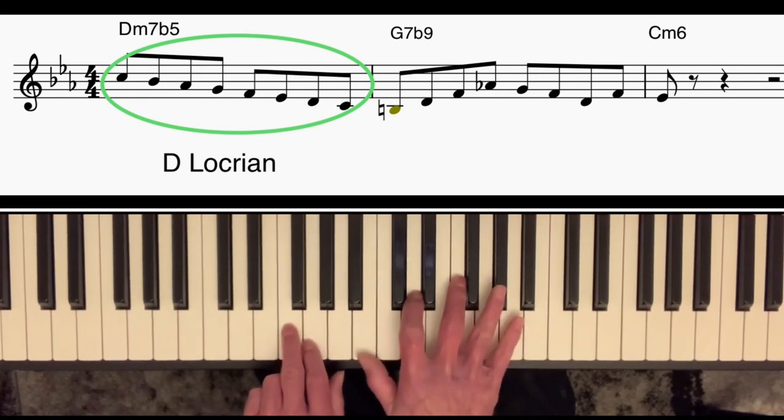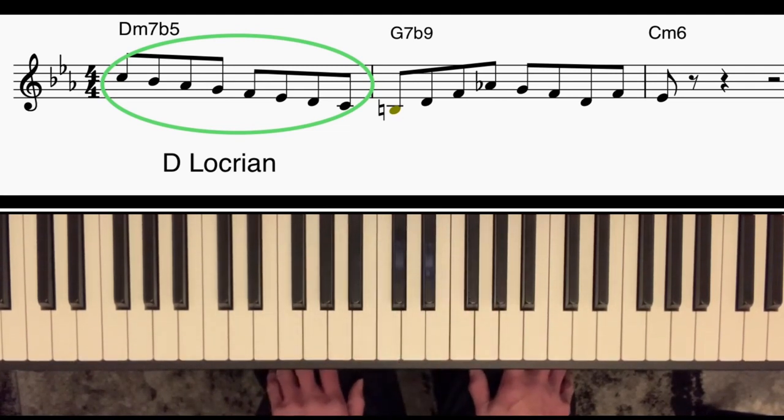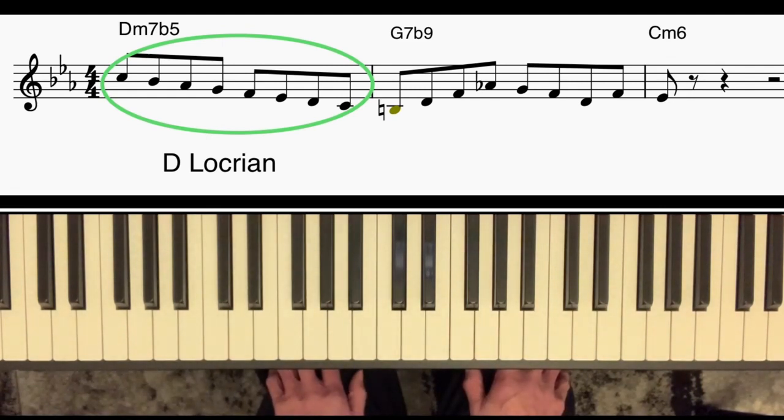I talked about the things I'm doing on the dominant 7th chord in the last video. There's lots more to say about the options on the dominant 7th chords, but in this video I'm not really going to talk about that. I'm just going to specifically talk about what we play over the minor 7 flat 5 chord.